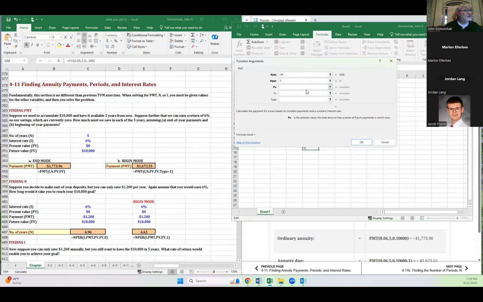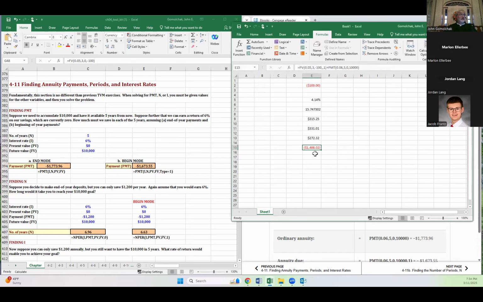Present value, we know that the present value is 0. The future value that we want to get to is 100,000. Type, I don't think we need to put the 1 in there. Oh, we can. End mode and begin mode. If we want to do it at the end, it would be the equivalent of an ordinary annuity. So let's leave it 0. Hit OK.